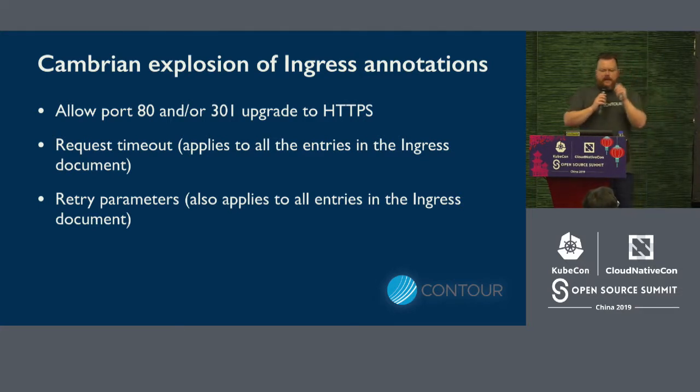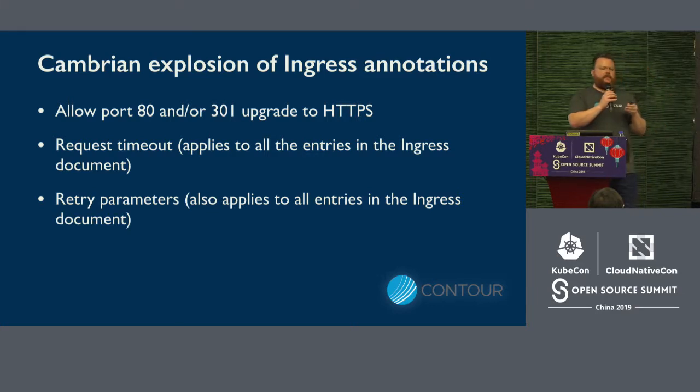And if that isn't bad enough, because the configuration for a virtual host spans multiple Ingress documents, and annotations are only present on a single Ingress document, there are a lot of questions about how that annotation applies. For example, 301 upgrade settings, request timeouts, retry parameters.